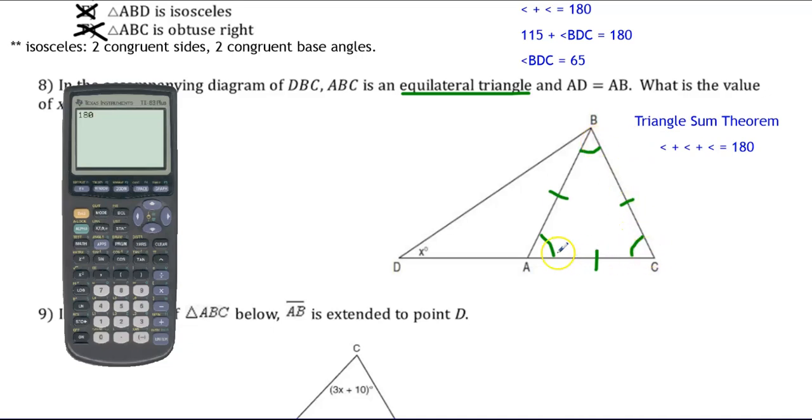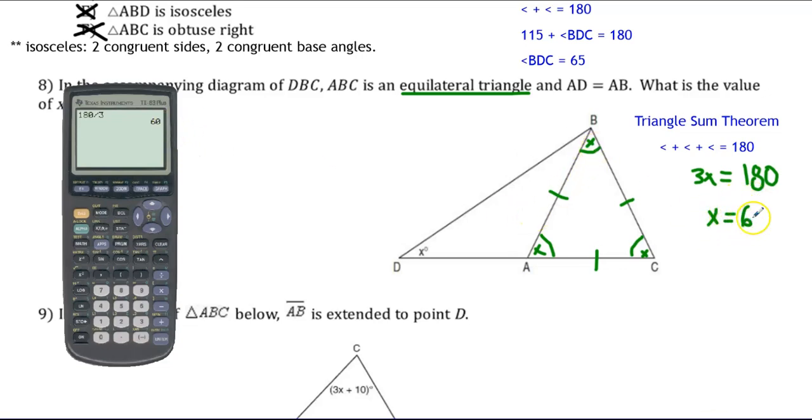Well, each of these individual angles here then have to be equal to each other, so we can call them x, right? This is x, and this is x. That means that all three x's, or 3x, is equal to 180. In order to solve that equation, we're going to divide both sides by 3, and we should get 180 divided by 3, which is 60. So all of these angles are going to be 60 degrees.